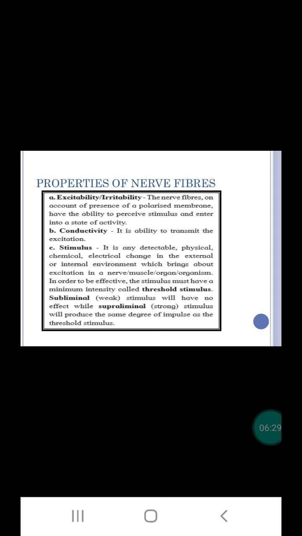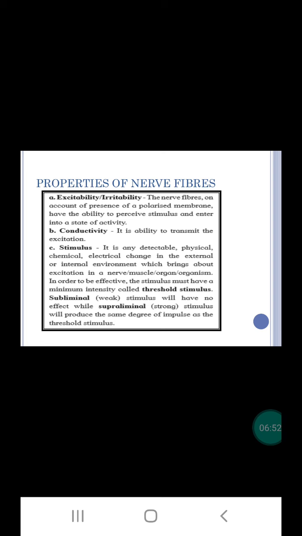In order to be effective, the stimulus must have a minimum intensity, which is called threshold stimulus. So weak stimulus will have no effect, while strong stimulus will produce the same degree of impulse as the threshold stimulus.